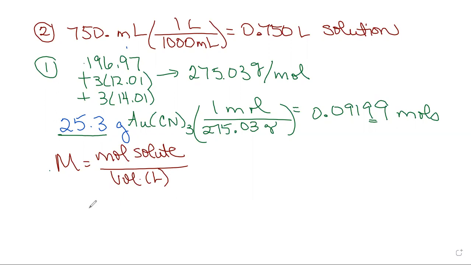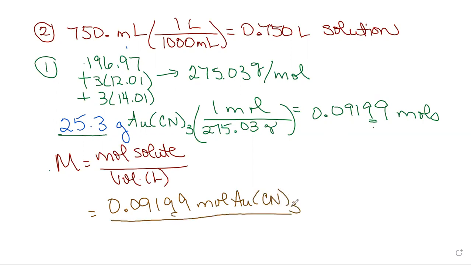So now let's put in our numbers in the equation. We know the moles of solute, 0.09199 moles of my gold 3 cyanide. And the volume in liters of my solution after I've added enough water, you said we wanted to make 750 milliliters of the solution.